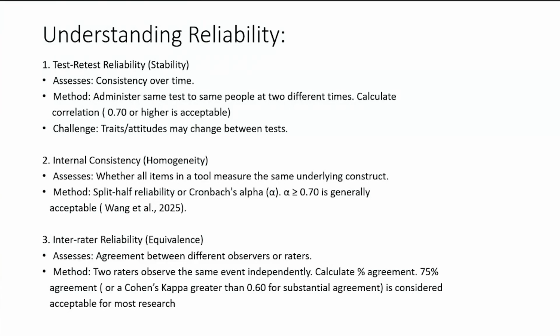But the disadvantage here is that, because it's test and retest, the trait and the attitude of the people you administer the questionnaire to at first may change over time. That's just the little challenge that this particular test and retest reliability has.